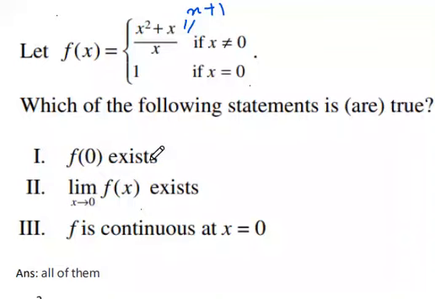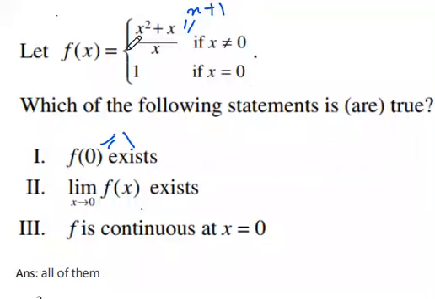f of 0 exists. So f is defined at this point. So f of 0 is equal to 1. It exists. Now, does the limit exist? Let's see. When you simplify this, you get this polynomial. This is a continuous one.